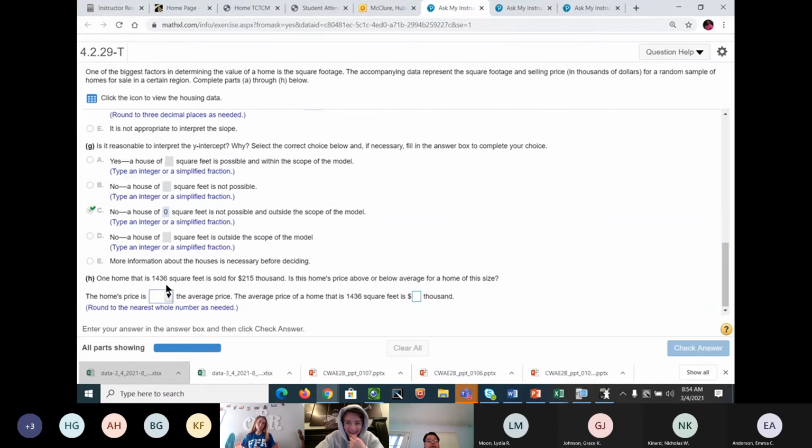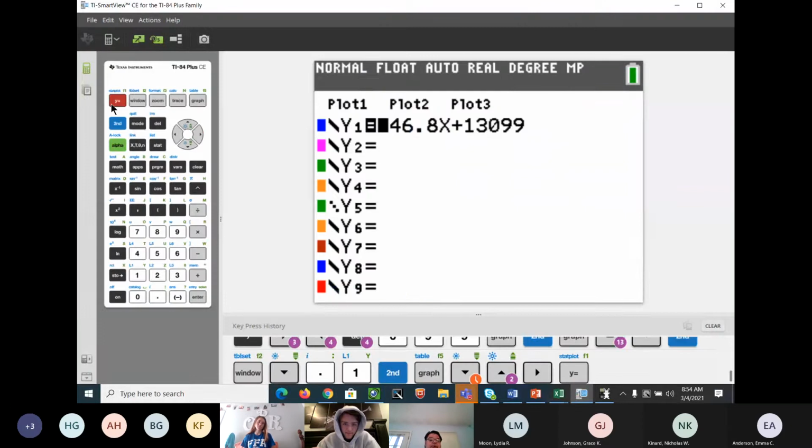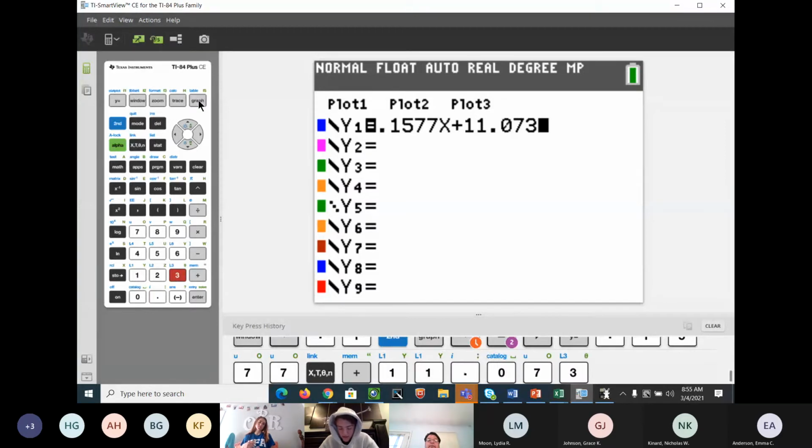One home that is 1436 square feet is sold for 215. Well, you're gonna have to put this in the calculator. So let's put it in the calculator. Y is equal to 0.1577 x plus 11.073 and graph.